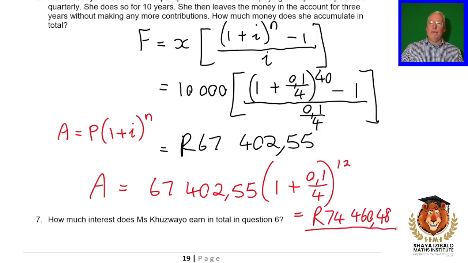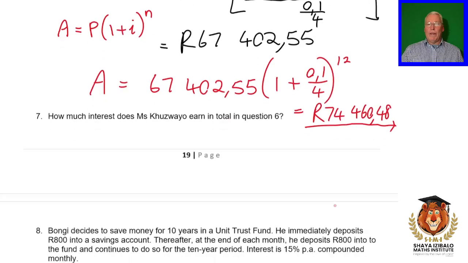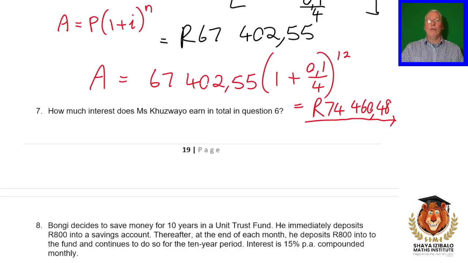Okay, how much interest does she earn in total? Well, that's very easy, because it's going to be the total amount that she ends up with, 74,460 and 48 cents, minus all the amounts that she put in.